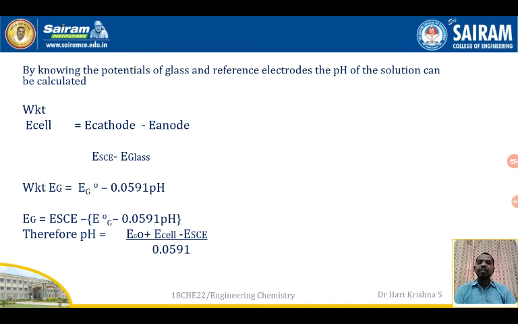This is how pH used to be determined in earlier days, but now we have the digital pH meter. Since the digital pH meter is available, the determination of pH has become very easy. Using this, we are going to determine pK.